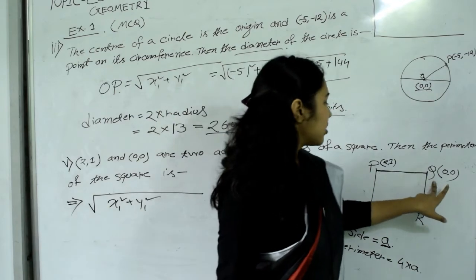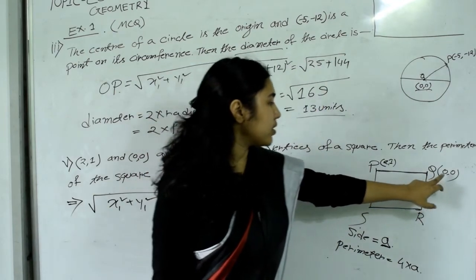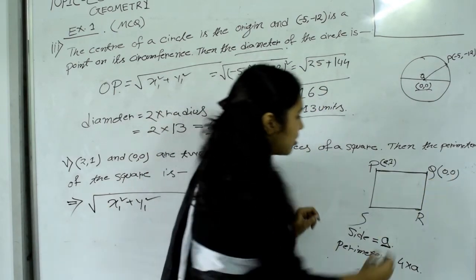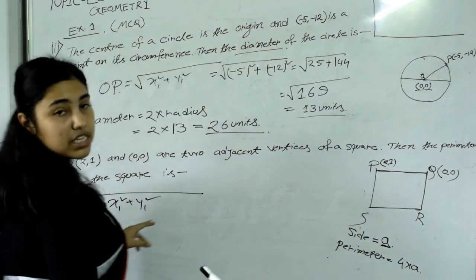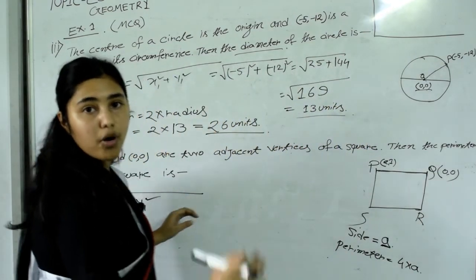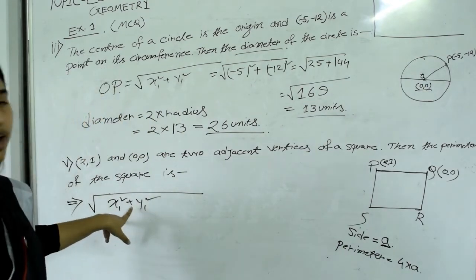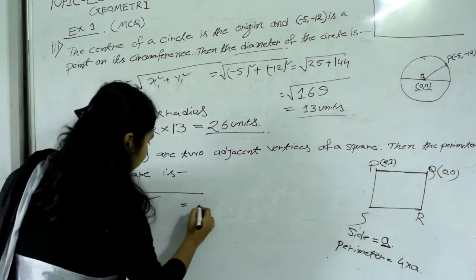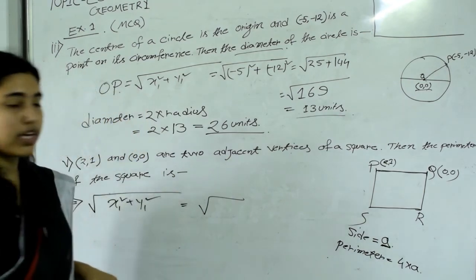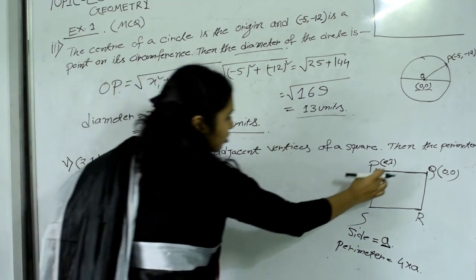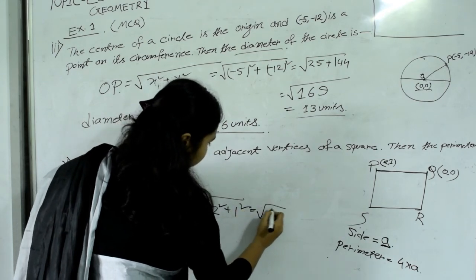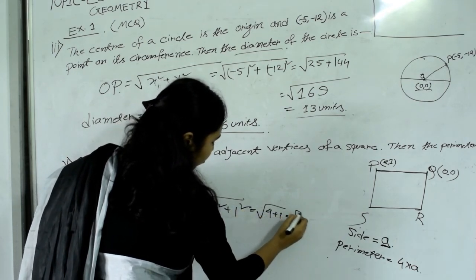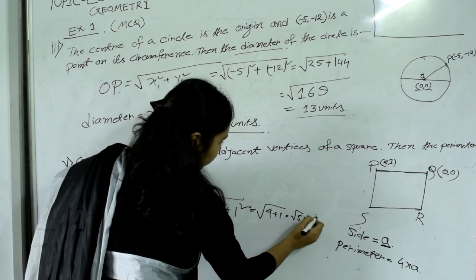Here the coordinate of the point Q is 0, 0, which means this is the origin, right? So the distance of any point from the origin is root over x1 square plus y1 square. Now put the values of x1 and y1. So root over 2 square plus 1 square is equal to root over 4 plus 1, which equals root over 5 units.